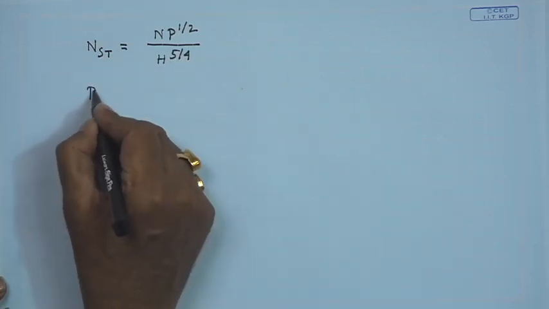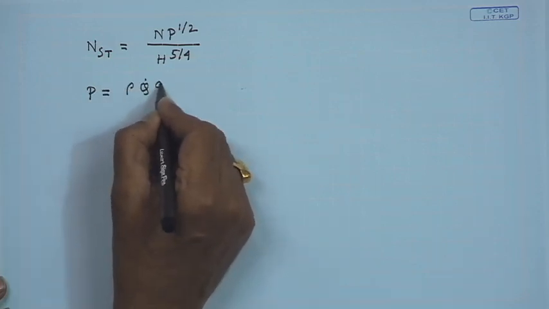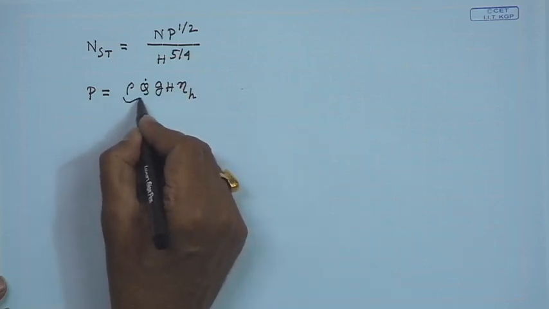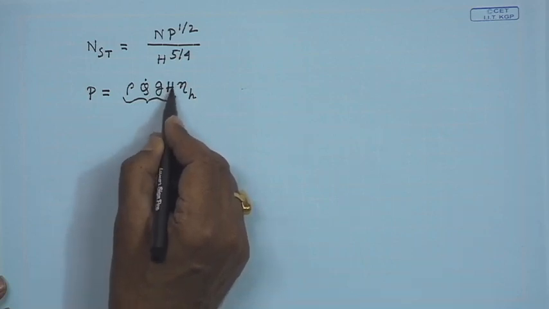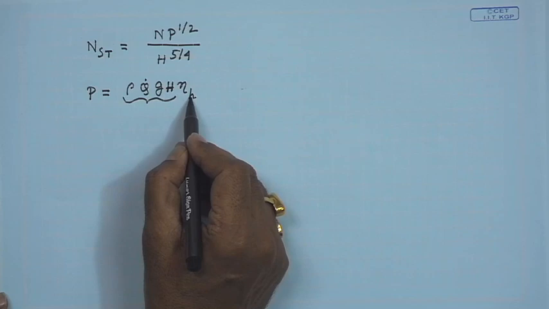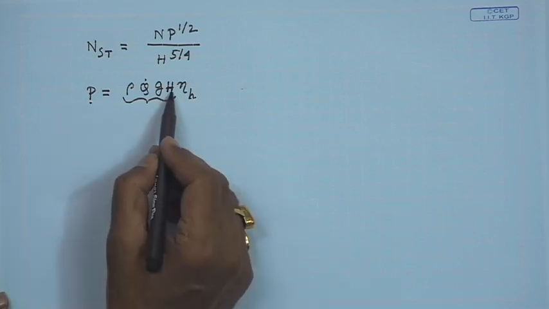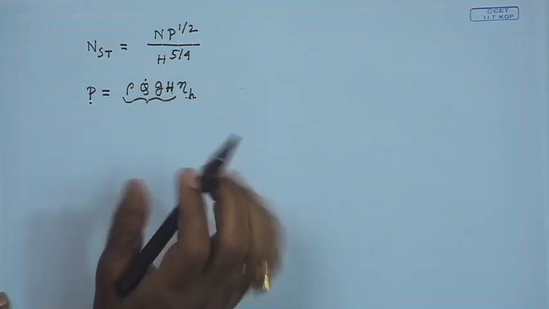Now, P can be written as rho q dot g h in terms of the hydraulic efficiency. So, this is the head available, flow rate, rho g and h is the head available. That means, this is the total power available times the hydraulic efficiency is the power delivered. Total head available multiplied with the mass flow rate into hydraulic efficiency, the way we did earlier.